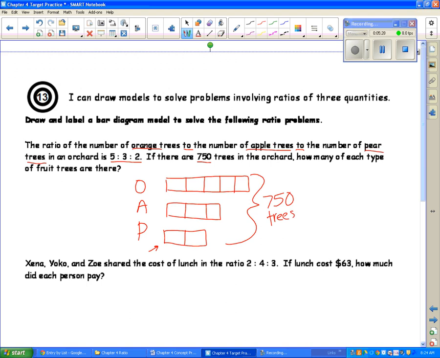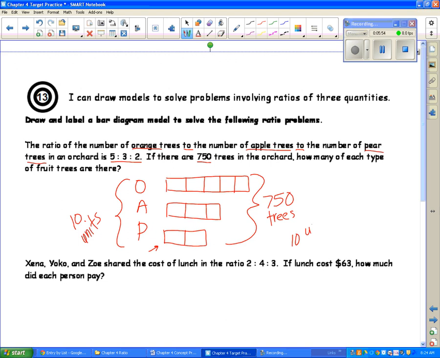Now, again, if each of these units represents the same number of trees, I could total them up. Let's see, there's 5 plus 3 plus 2, that's 10 units. So these 10 units represent 750 trees.